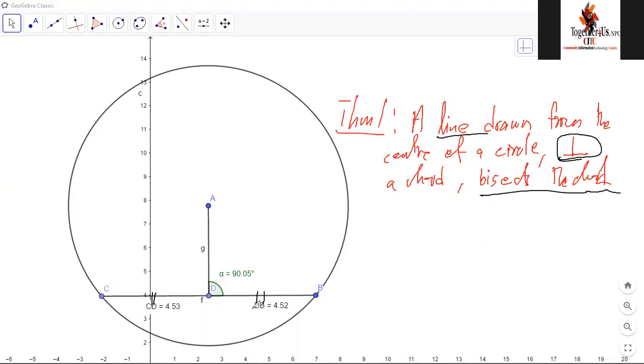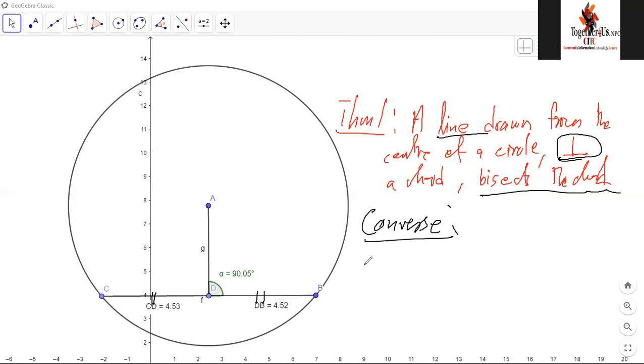Let us look at what we call the converse of a theorem. A converse refers to the reverse. Okay, so what does the reverse say? If we do this thing in reverse, I hope you can follow with me.